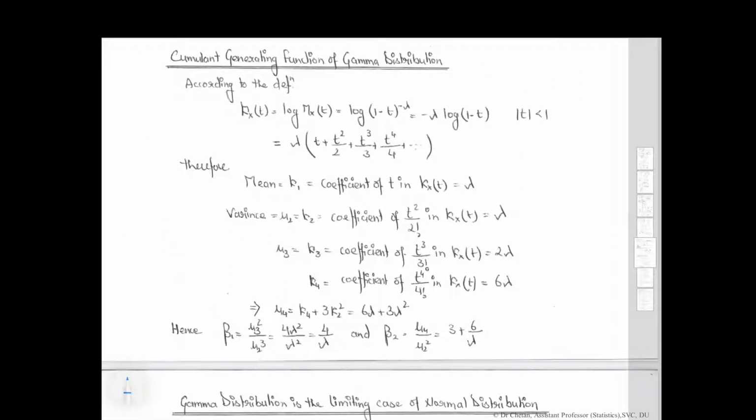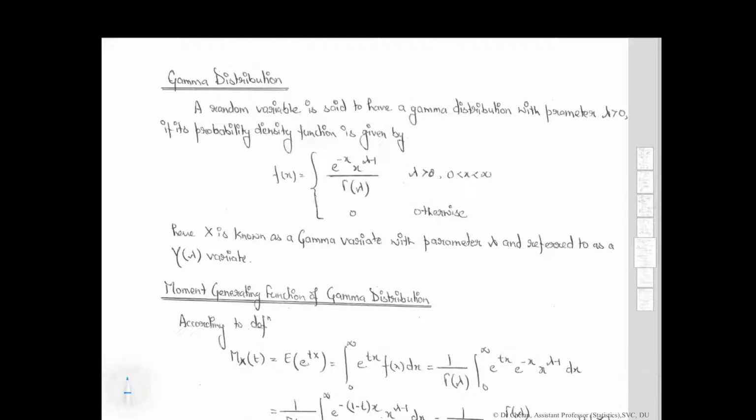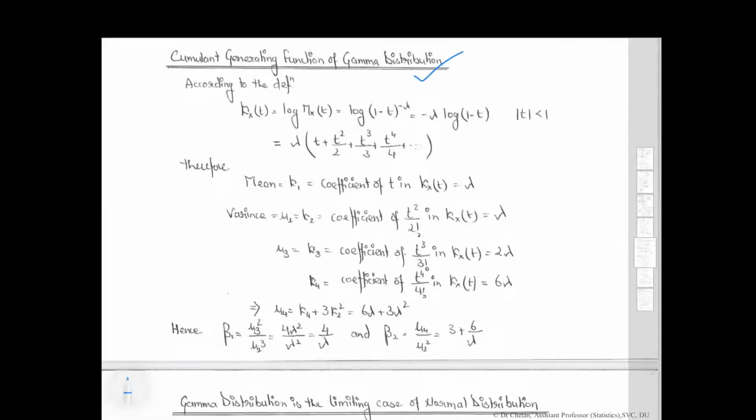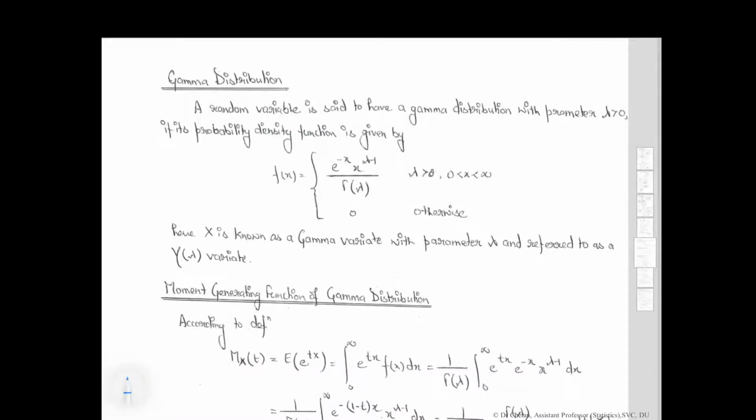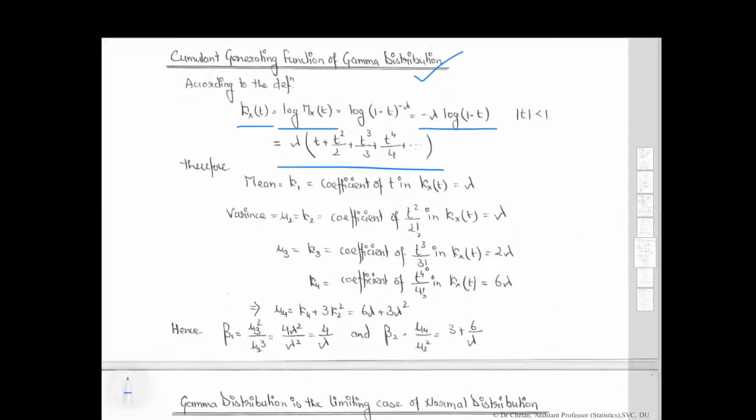Now, we will calculate the cumulant generating function of the gamma distribution. According to the definition, kappa x of t is equal to the log of the moment generating function, which is equal to this quantity, or we can write like this after expanding the log term. Therefore, the mean, which is kappa 1, is equal to the coefficient of t in kappa x of t, which is equal to lambda.